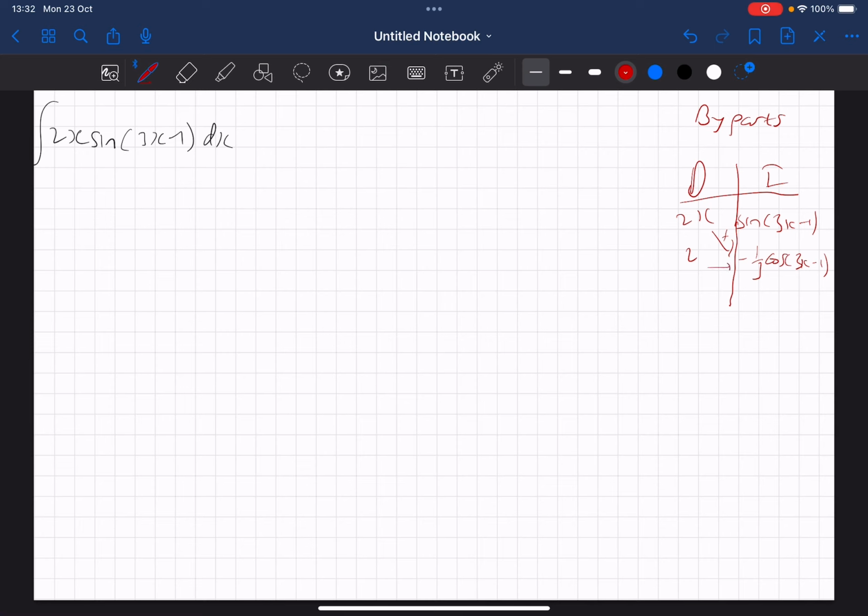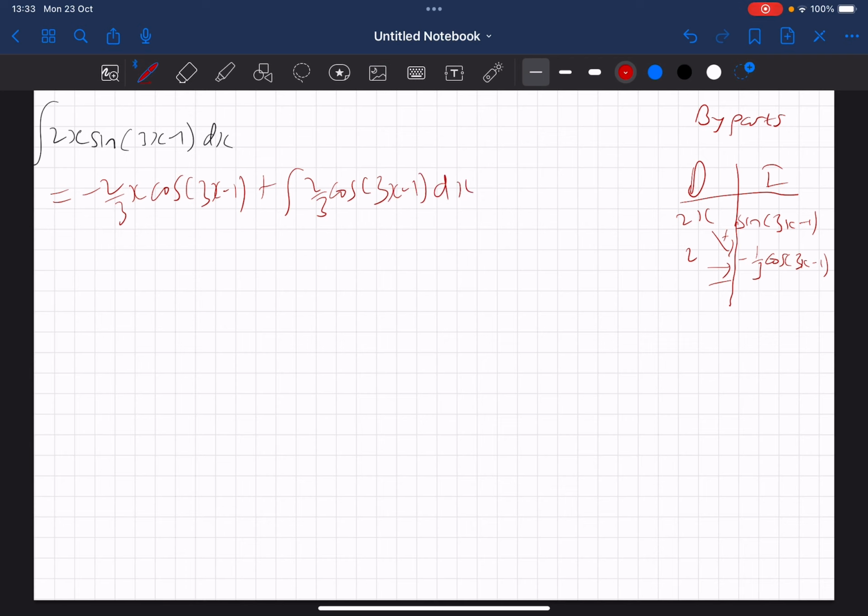That's a plus, that's a minus, because you remember plus minus plus, and then we can just stick this straight in here. So we've got minus 2/3 x cosine of 3x minus 1 plus the integral, because we've got a minus minus, don't forget, plus 2/3 cosine of 3x take away 1.